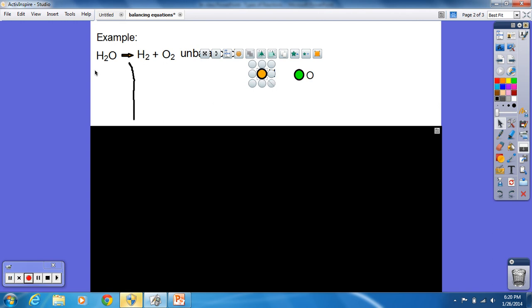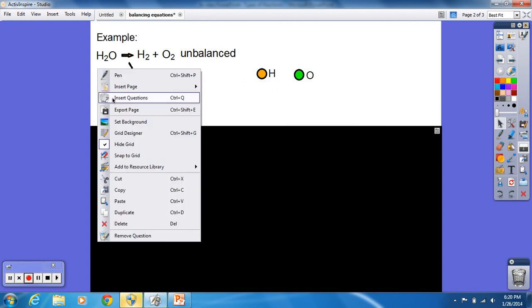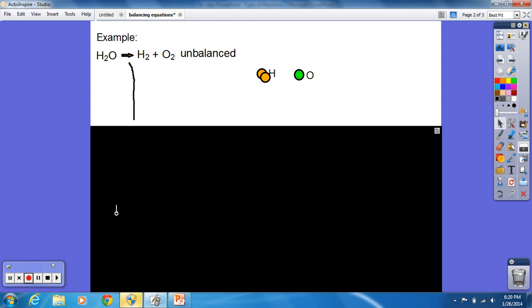So let me just copy this, and I'm going to say, let's go paste 1, and we're going to bring this over. Let's go over here and do it here. Paste 2, and bring that over. Then we're going to get an oxygen, and we're going to copy that and paste it.